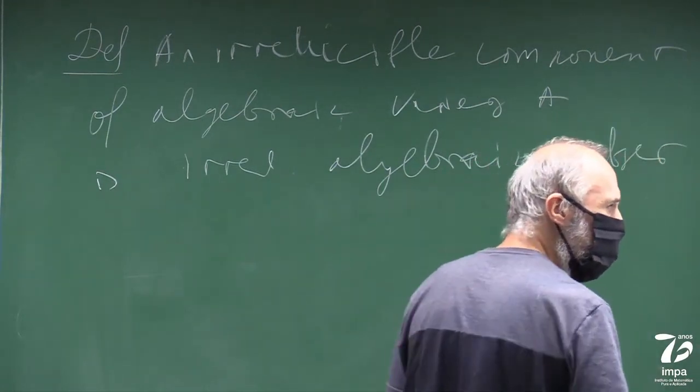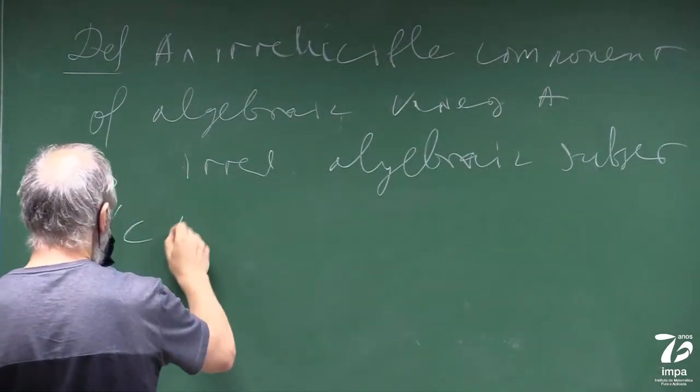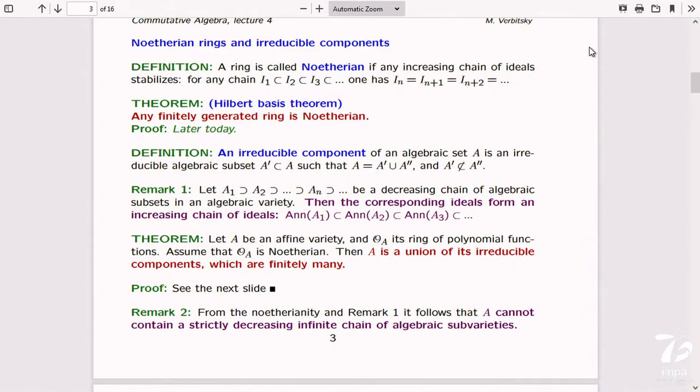such that A is a union of A prime and A double prime, and of course A doesn't belong to A prime.